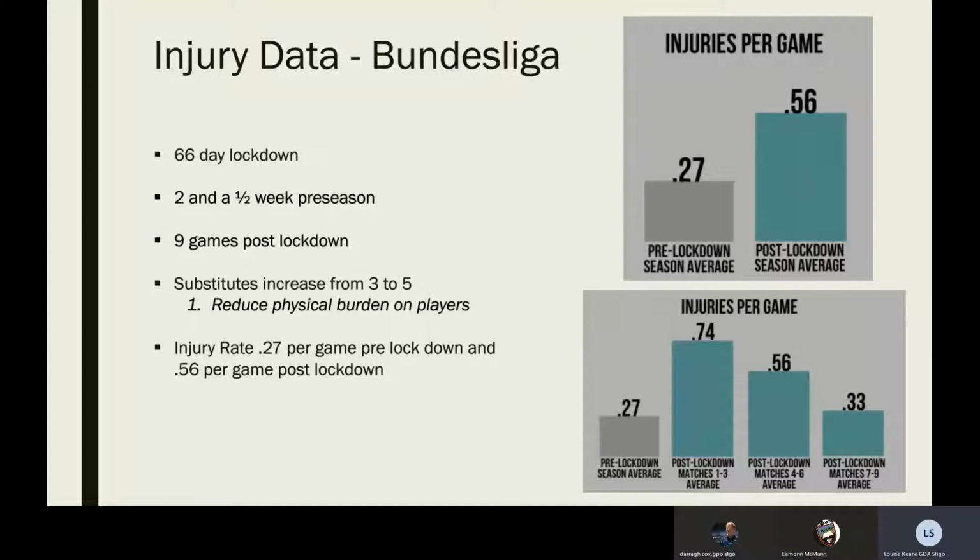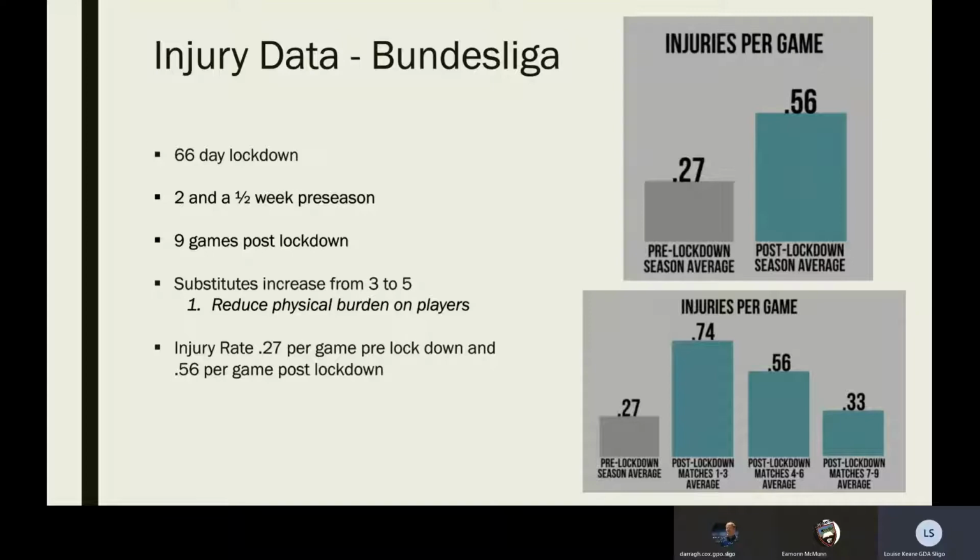The rate of injury in the Bundesliga went from 0.27 injuries per game last year to 0.56 over the course of these 9 games. With the AFL, we had an increase week on week, or round on round, in injuries, whereas with the Bundesliga, that spike happened pretty much straight away.